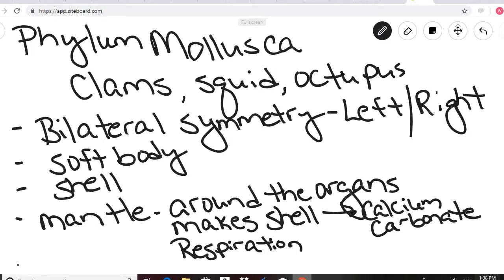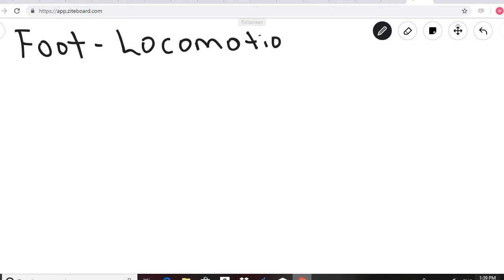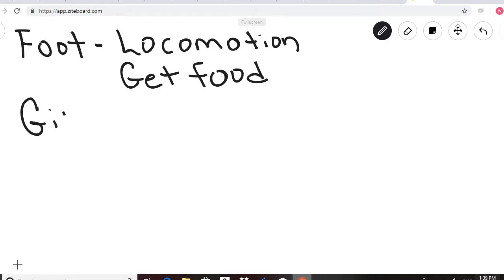A few more that we'll do. So we're still talking about phylum Mollusca. They have a foot, and as you might guess, that foot is used for locomotion, so it's used for movement. However, it is also used to get food, and we'll see how that is done as we look at specific organisms. They breathe through gills. They don't have lungs, they breathe through gills. And then lastly, they have a radula.